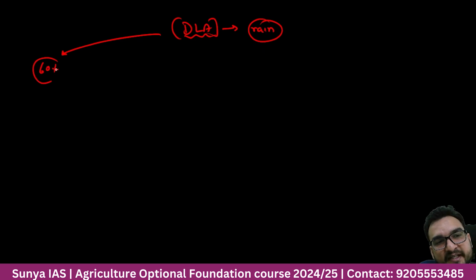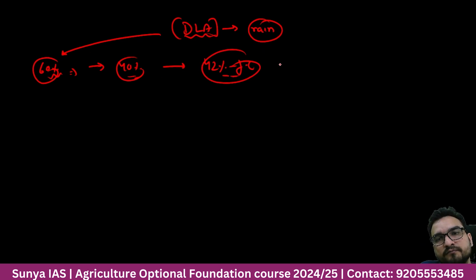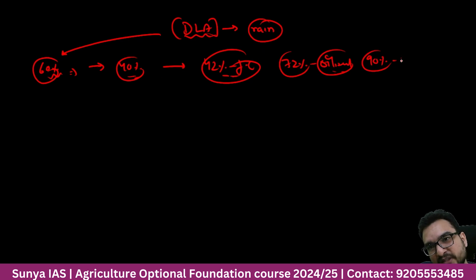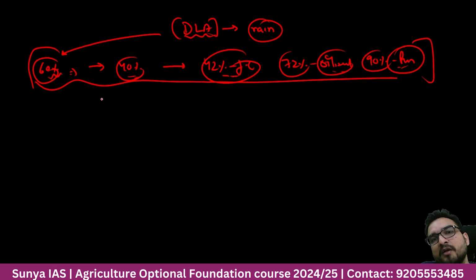More than 60% of the area of cultivated land is under it. You know that 40% of the population is dependent on it. You know that 42% of food crops I am getting from here, 72% of oil seeds, oil seed production is happening from these areas, and 90% of pulses are being grown over these areas. This much fact you should know.